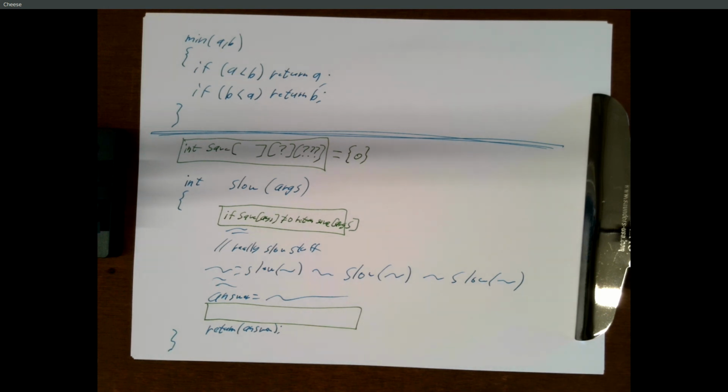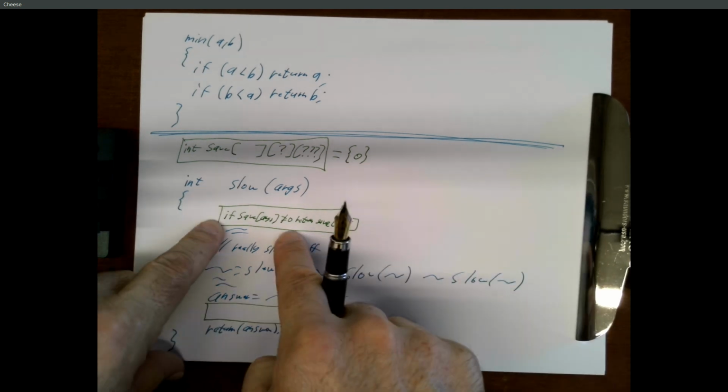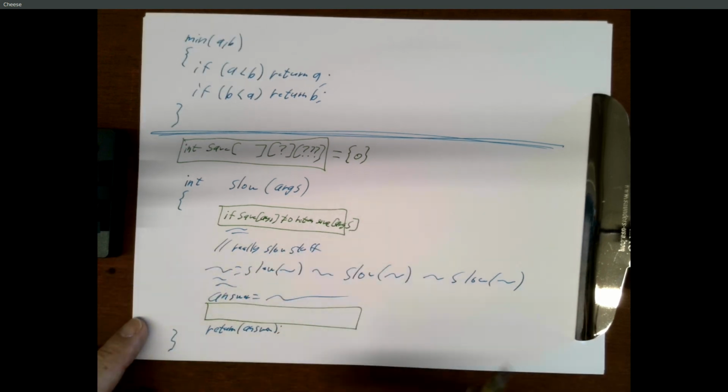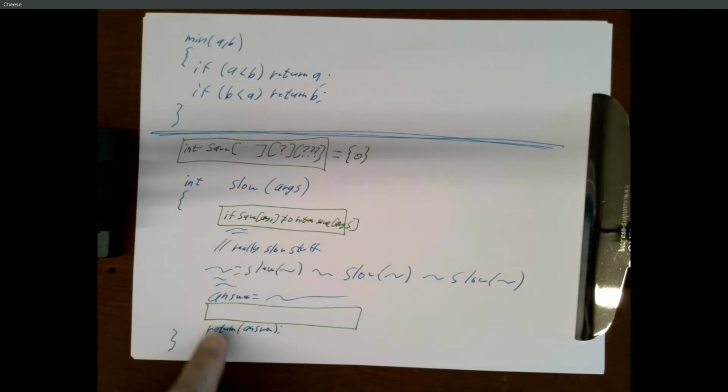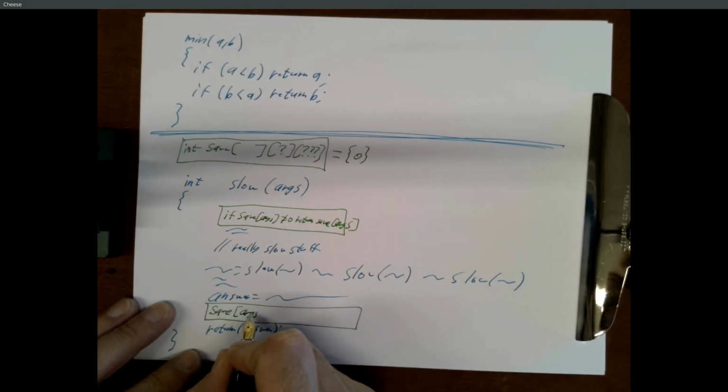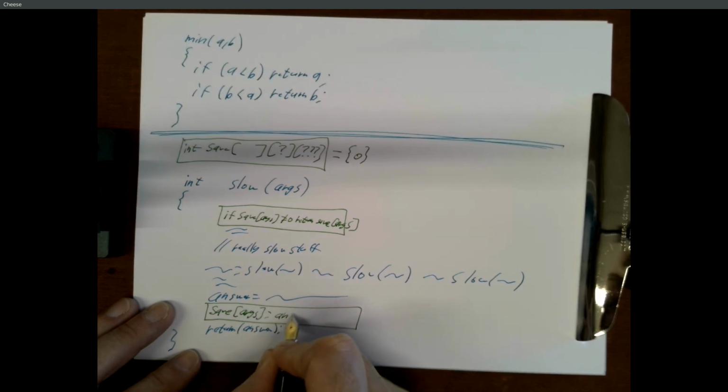If you haven't already calculated this function for that particular set of arguments, though, this will fail because it will be 0, so you'll go ahead and do all the slow, expensive, time-consuming stuff. You'll come up with your answer. Now, before you return, just save that. save[args] equals answer.